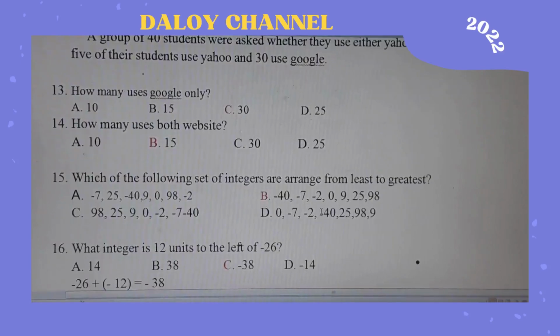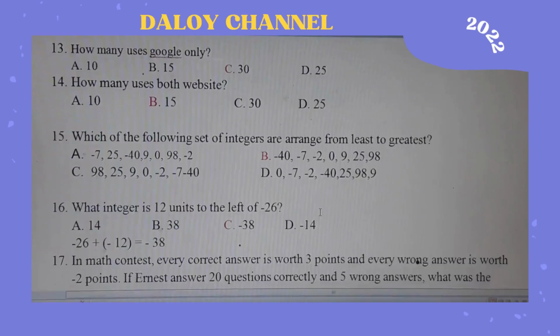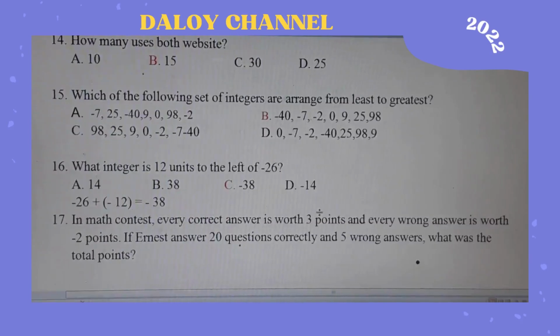For number 15, which of the following sets of integers are arranged from least to greatest? Question number 16. What integer is 12 units to the left of negative 26?